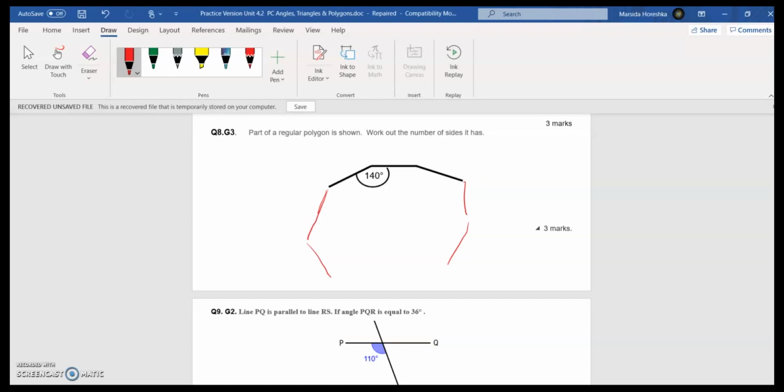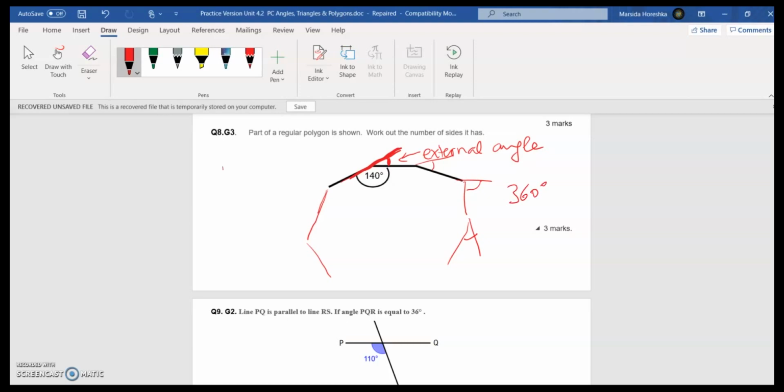So one thing we know though for all polygons is that the external angles, which is when you create a straight line in here using the internal angle, so this angle outside, all of these external angles together will add up to 360 degrees.